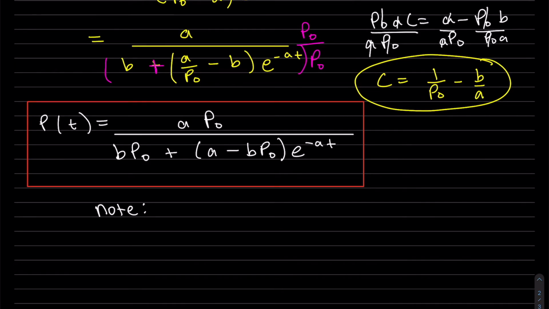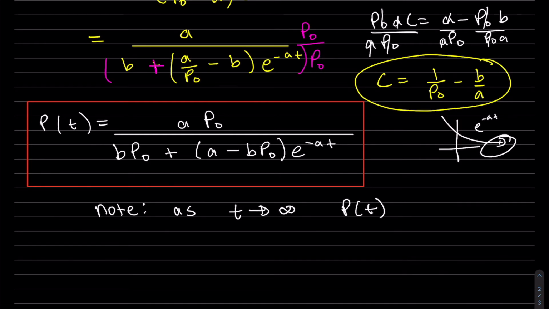Just a note here: as time increases to infinity, what's going to happen to our P of t? When t goes to infinity, that equation, e to the minus a t, goes to 0. That whole term goes to 0. And basically the P naughts cancel, and we get a over b.